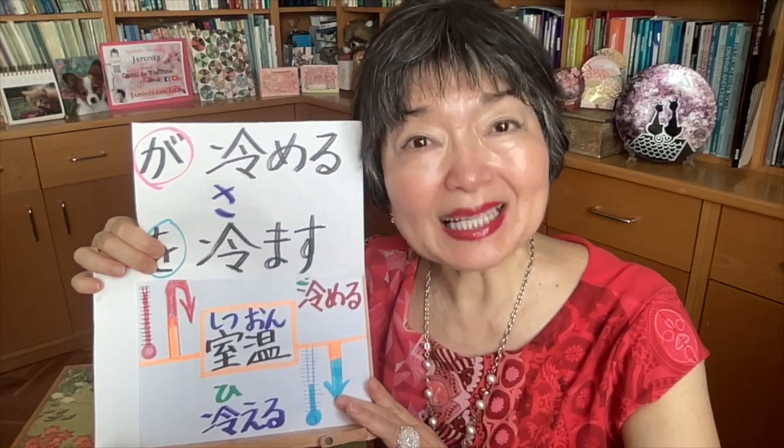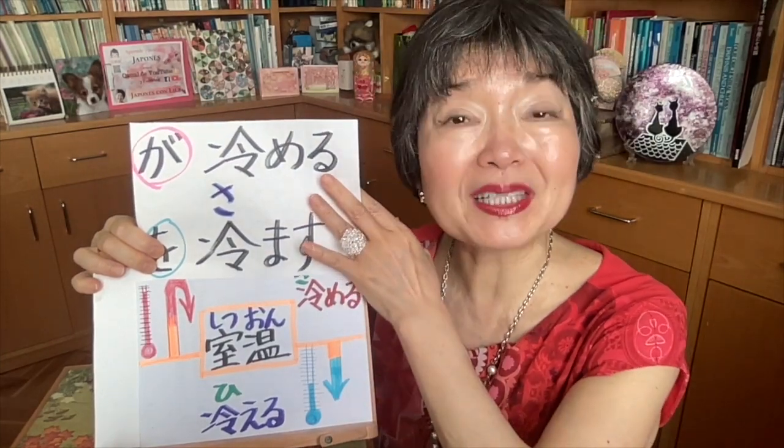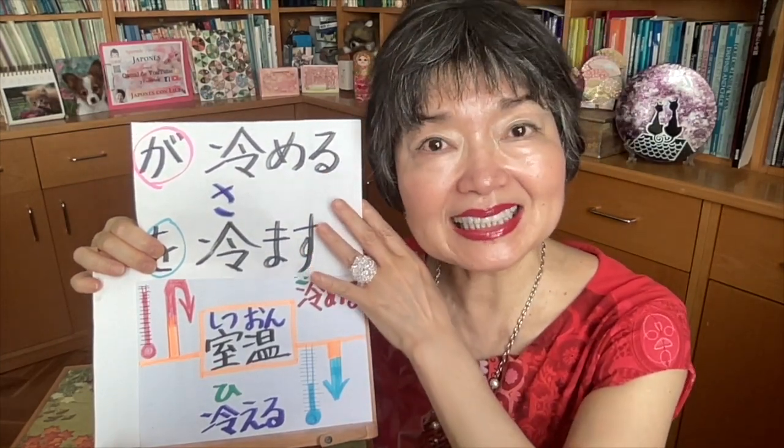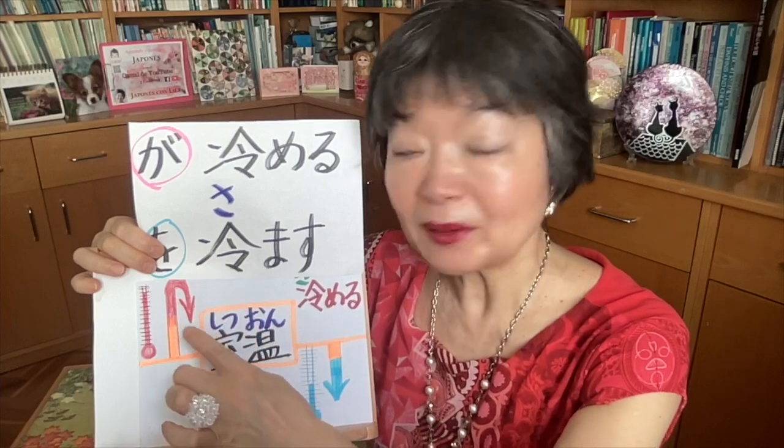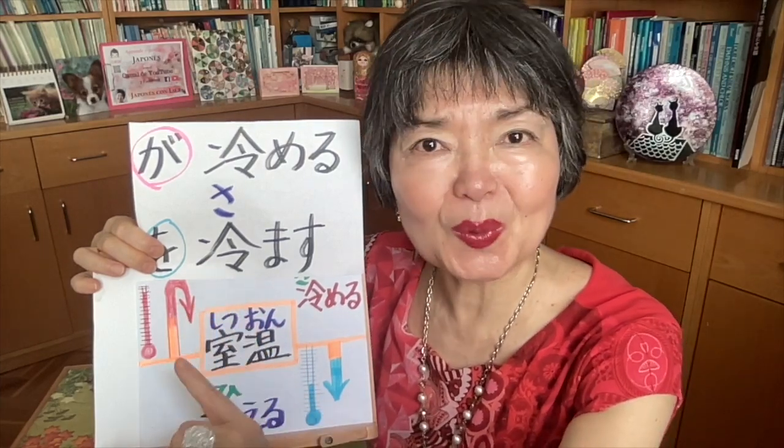Now let's see an example using sameru, something ga sameru, in this case an intransitive verb, and something got very hot, but after it becomes cold, but not so cold as the room temperature.